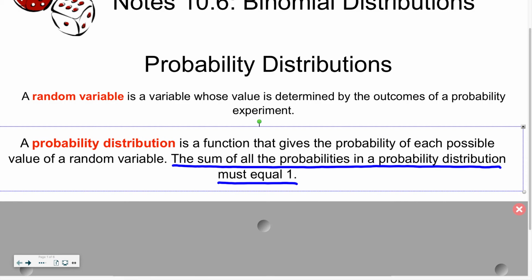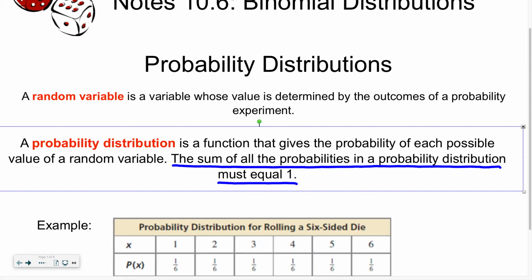I know next year in pre-calculus, any students taking the pre-calculus course, you will create your own games when you cover probability, and you will create a probability distribution. So that's something I always encourage my pre-calc students: make sure that your probabilities add up to 1. If not, there's an issue that you might want to look for.